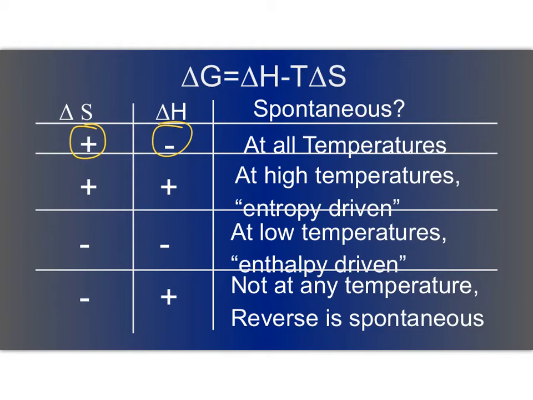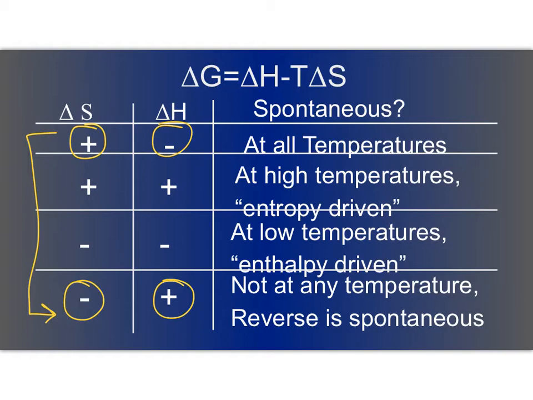The complete opposite of that scenario would be a decrease in entropy and an endothermic reaction, a delta H that is positive. So this would be not spontaneous in the forward direction. It would be spontaneous in the reverse direction.